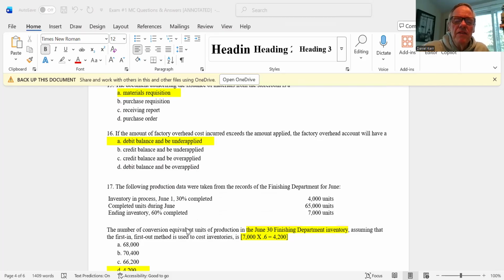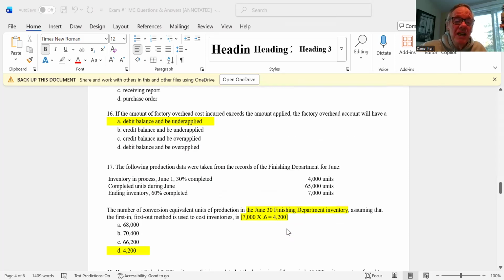The amount left over in ending inventory would be 7,000 units times 60%. So they're asking for the number of conversion units. It would be 60% times 7,000, which is 4,200, which is D.